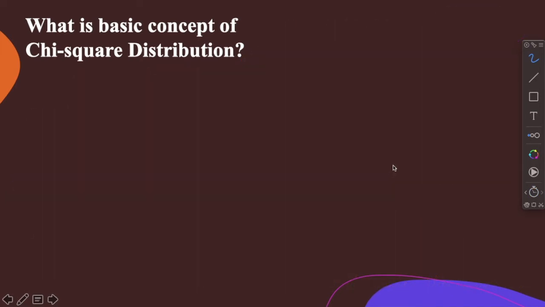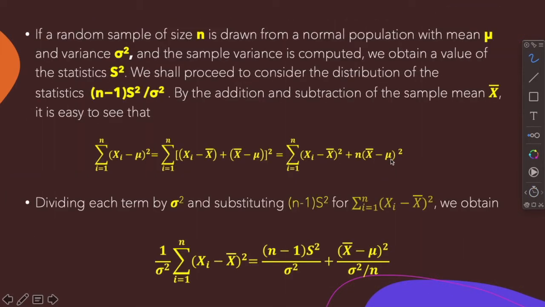Now, what is basically the chi-square distribution we are using for the variance of the sample? Suppose a sample of size small n is used, having a mean mu and sigma square as variance. So this x follows a normal distribution with parameters mu and sigma square.